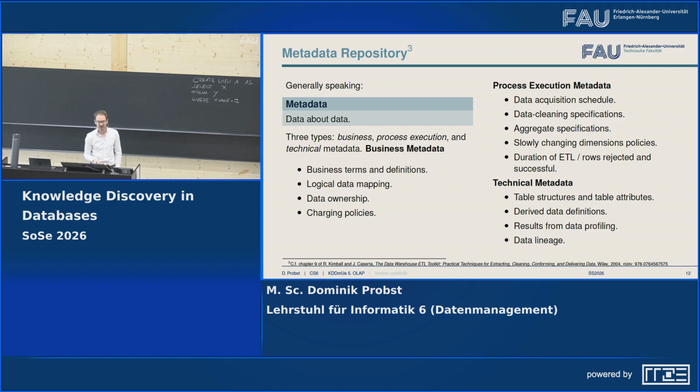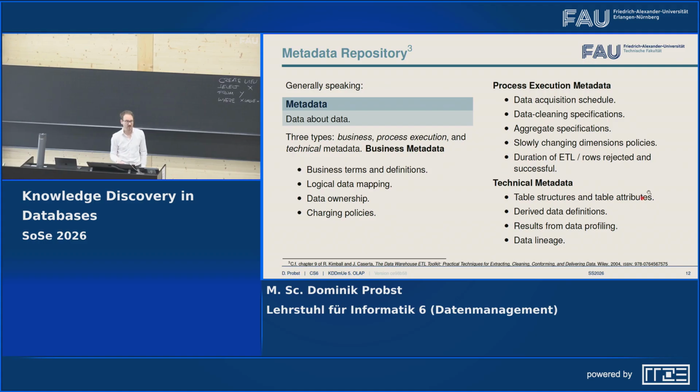And then we have technical metadata. So which tables do we have? Which attributes do we have in these tables? What are the results of data profiling? So min, max, median, mean, things like that. And what's the data lineage? So what changed in the data if we are changing data, for example?